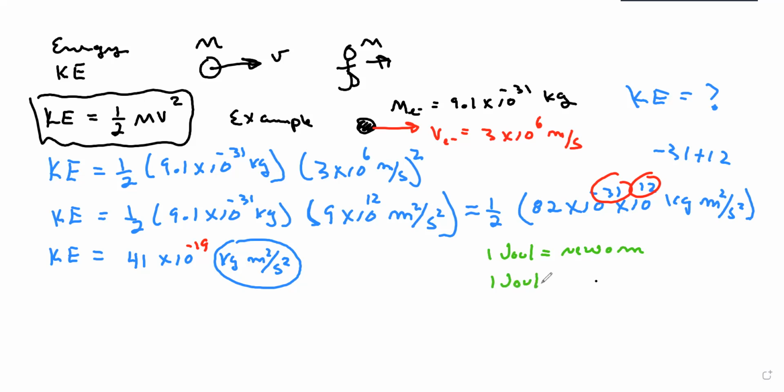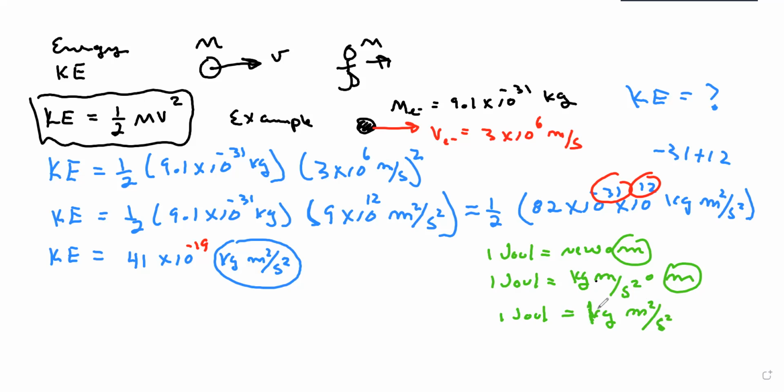So 1 joule is going to be equal to, Newton is by definition kilogram meter over second squared. And this is times meters, because you got another meter right here, which would be this one right here, the one that I'm putting in a green circle. So 1 joule is going to be equal to kilogram, meters times meter is going to give you meters squared over seconds squared.